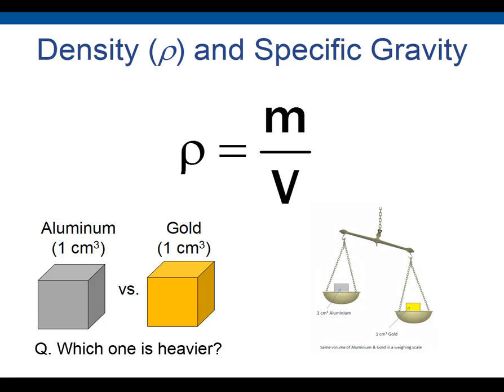Gold is much heavier than the aluminum, even though they have the same size, same shape, same amount. Why? Because of density. Gold is more dense than the aluminum. Here you can see the equation. The density law is equal to mass divided by volume.